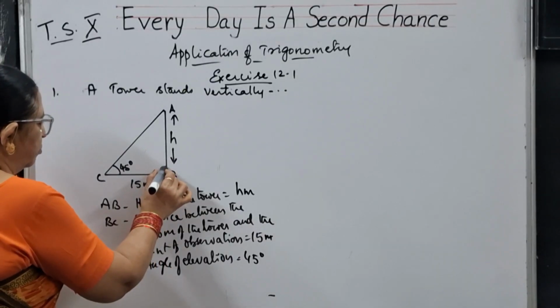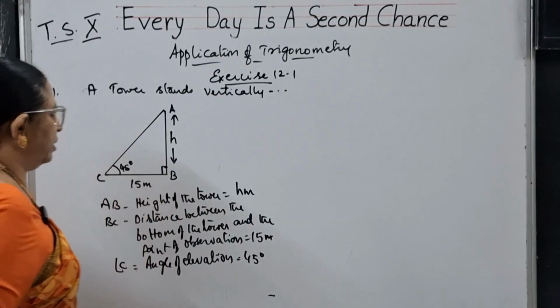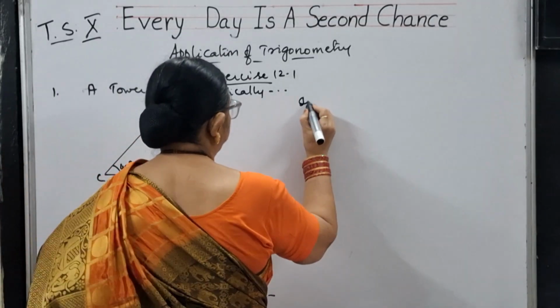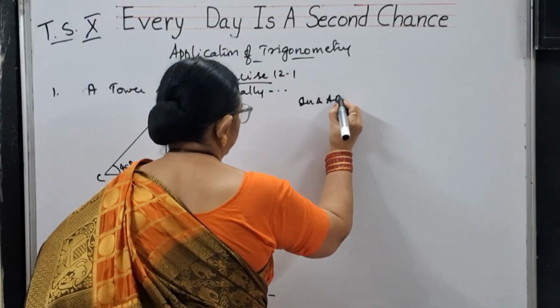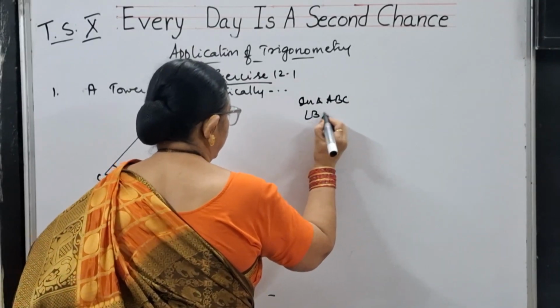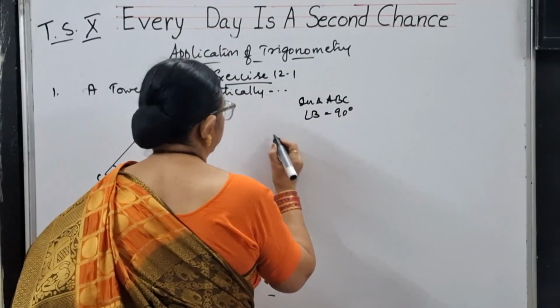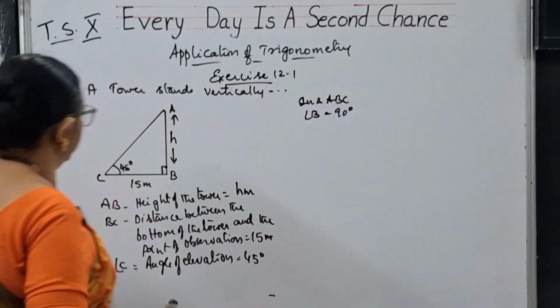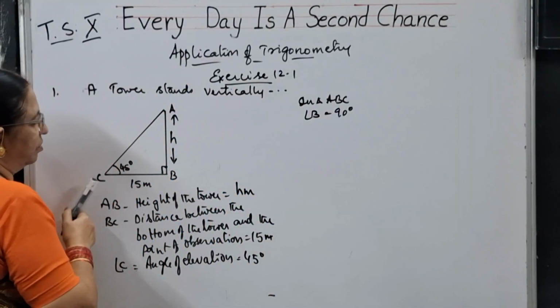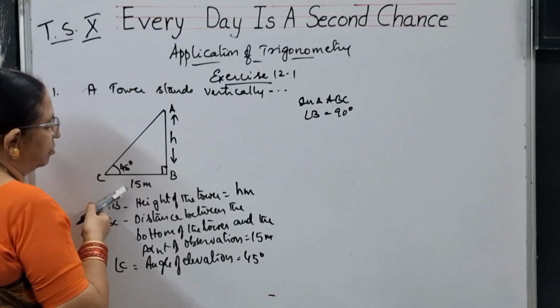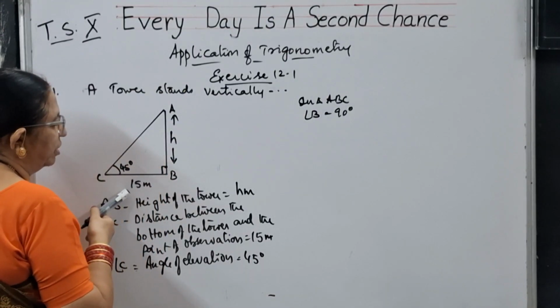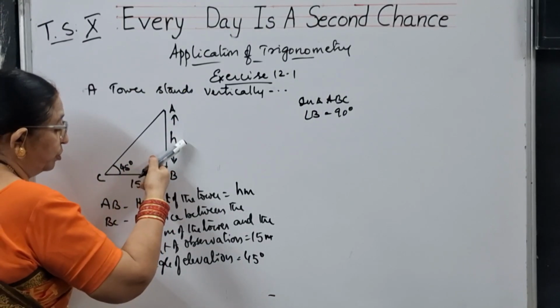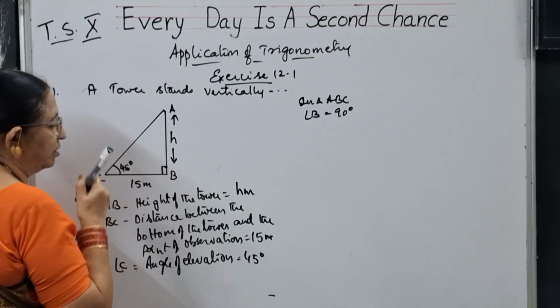Now this angle B will definitely be 90 degrees. Now you take triangle ABC. In triangle ABC, angle B is 90 degrees. So what is given to you children? This angle is given, and these two sides, so this will come under tan theta. Opposite side by adjacent side is tan theta.